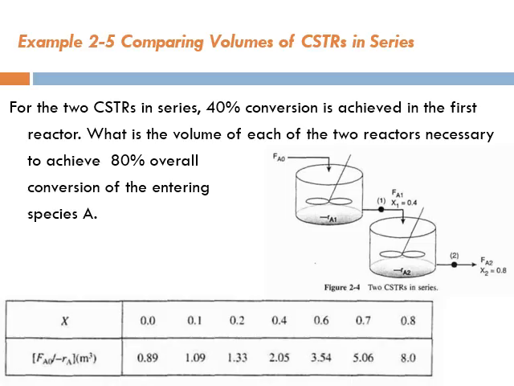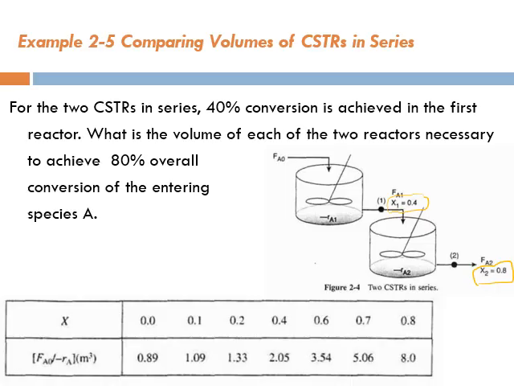So X2 is obviously 0.8, which is the overall conversion, and the intermediate conversion is 0.4. So reactor 1 takes you from conversion of 0 to 0.4. Reactor 2 takes you from the conversion of 0.4 to 0.8. So both of them are doing 0.4 conversion compared to the feed.